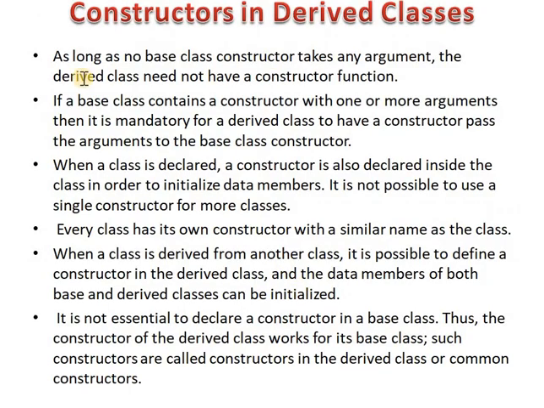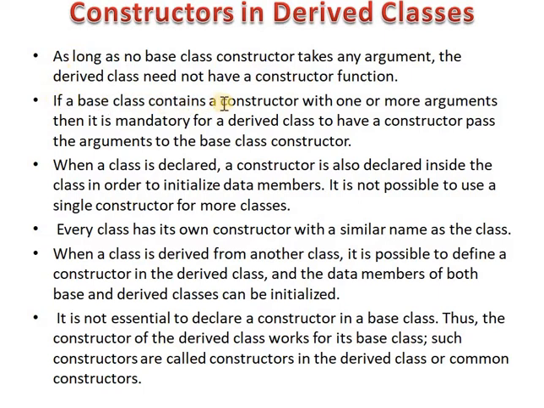Let's see. As long as no base class constructor takes any argument, the derived class need not have a constructor function. If a base class constructor does not have any parameter, then the derived class need not have a constructor function.